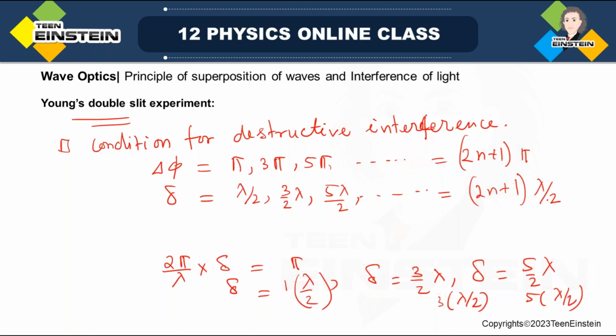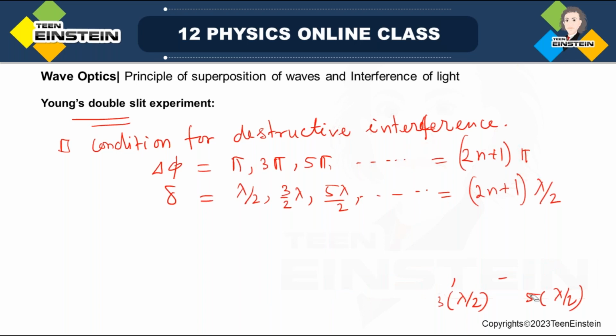Hence the intensity will be minimum, or this is the condition for destructive interference, okay. I'm not repeating again. So these are very important points for exam purpose, okay.